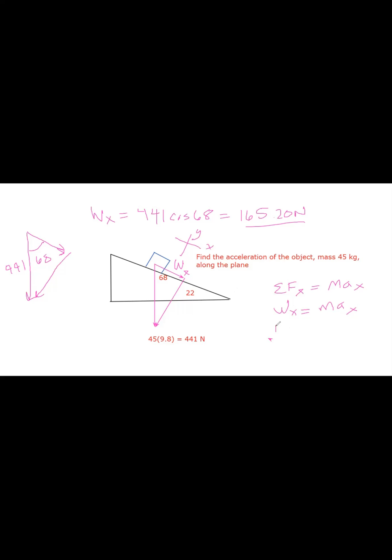So we have 165.20 divided by 45 equals ax. 3.67 meters per second squared. There's our acceleration in the x direction.